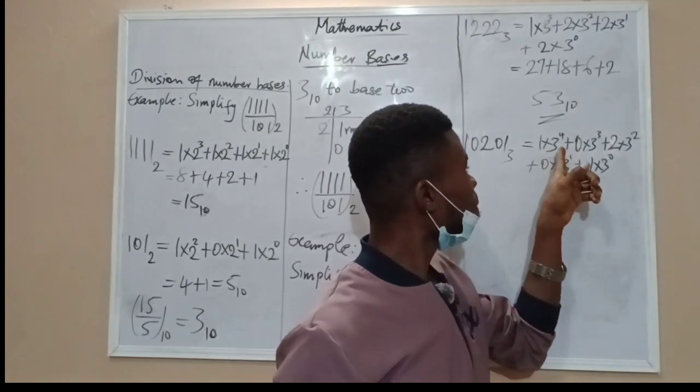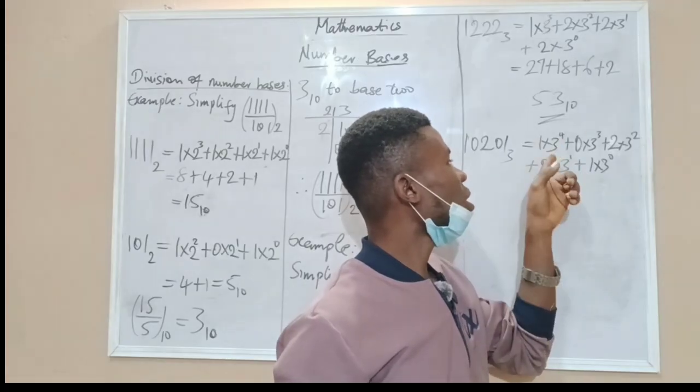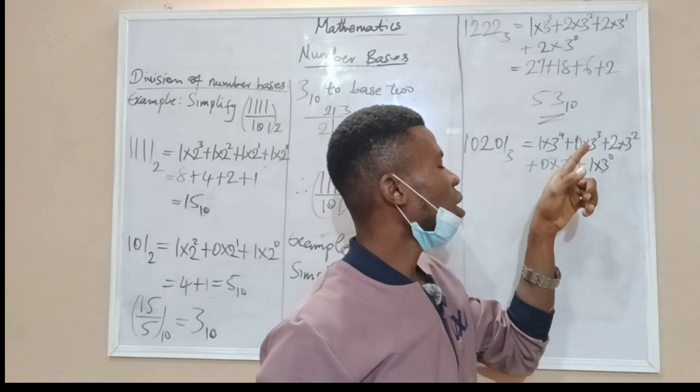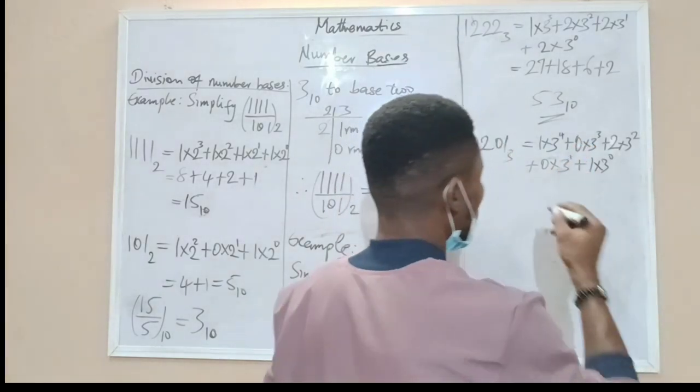First one, 3 raised to the power 4: 3 times 3, 9, 9 times 3, 27, 27 times 3 is 81.